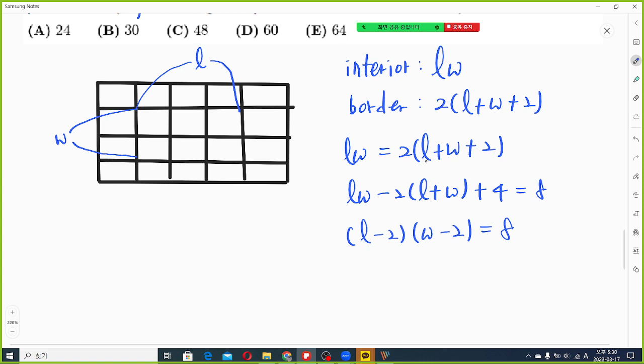This 8 comes out when you open the right side parenthesis, and then I deliberately add 4 to both sides. So 4 plus 4 is 8. I add 4 to both sides because I want to make this factoring on the left side. Oh, I see. Okay, yeah.